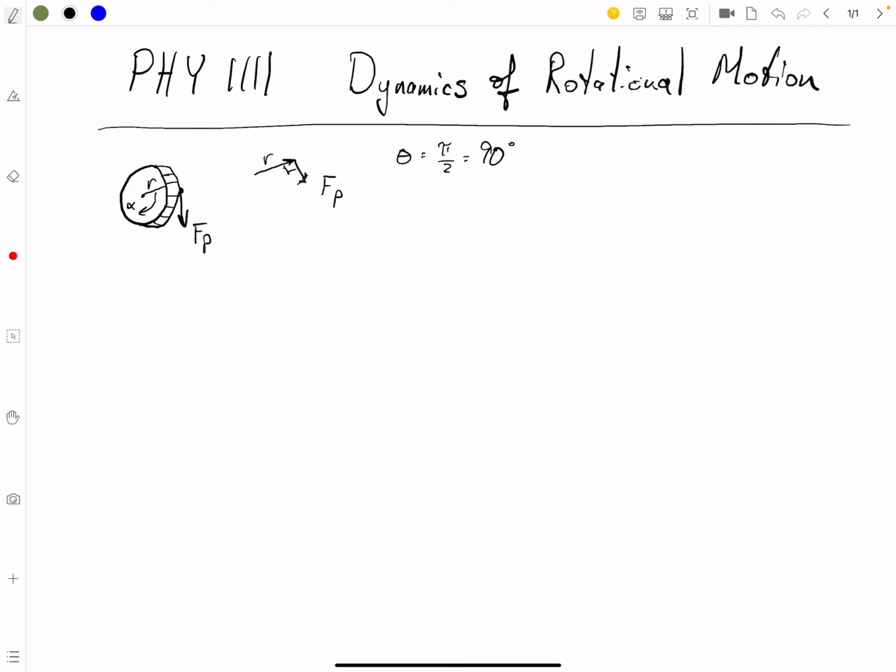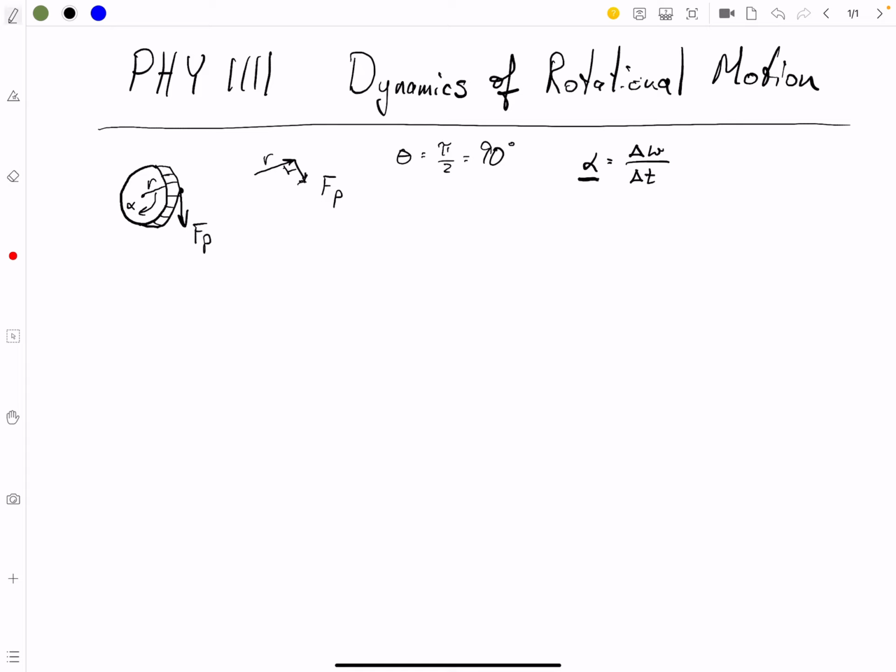Who knows what the final angular velocity will be, which means whenever you have a change in the angular velocity over time, you have an angular acceleration. So that's what we're dealing with, angular acceleration.